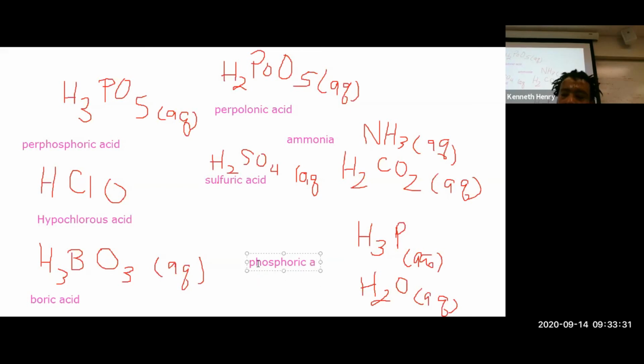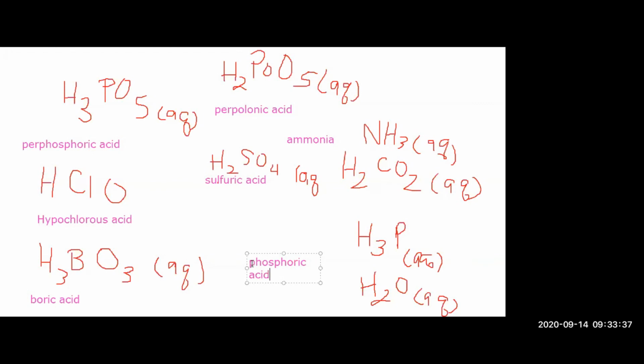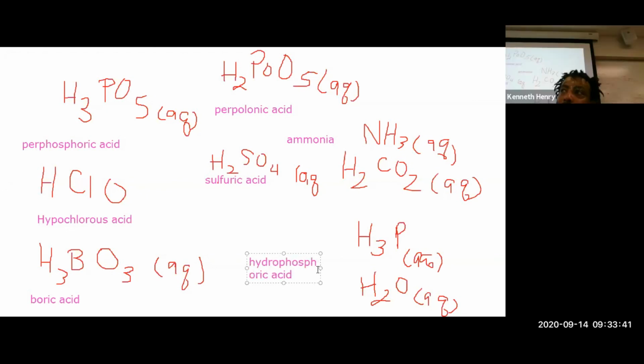But is it just phosphoric acid? There should be something in front. Hydro. Hydrophosphoric acid. Remember, if it doesn't have an oxygen, you're going to put hydro. That lets us know that there's no oxygen there.